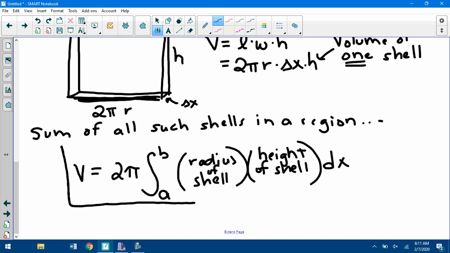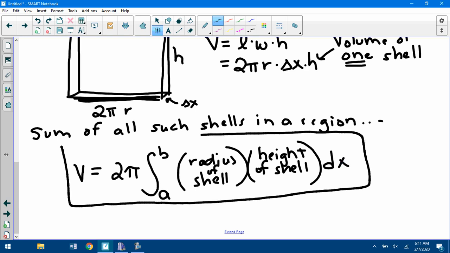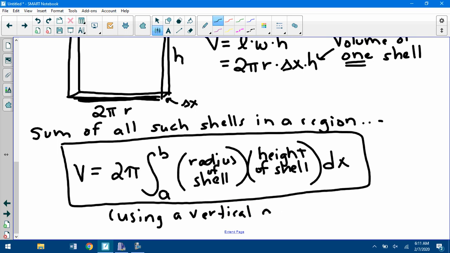And that is a shell formula. And that's a shell formula using a vertical axis of revolution, because everything's in terms of x.